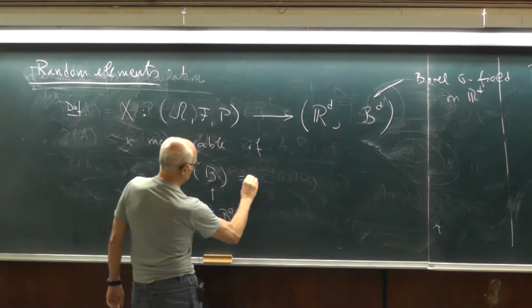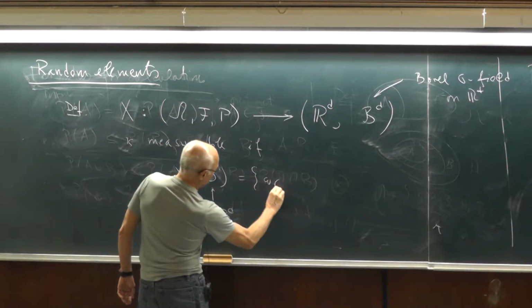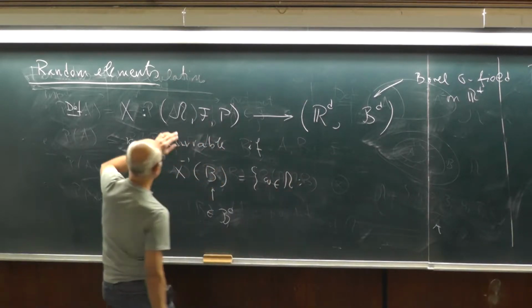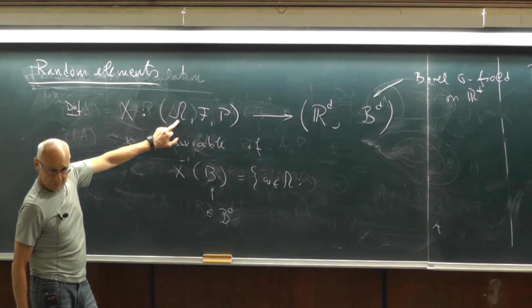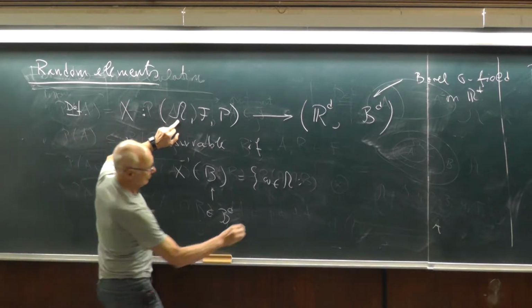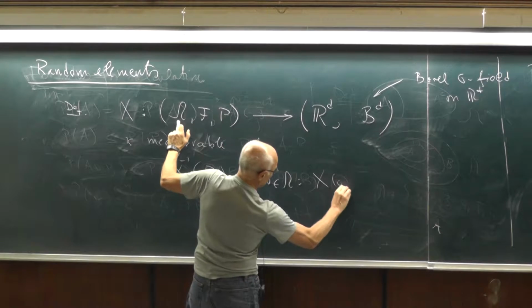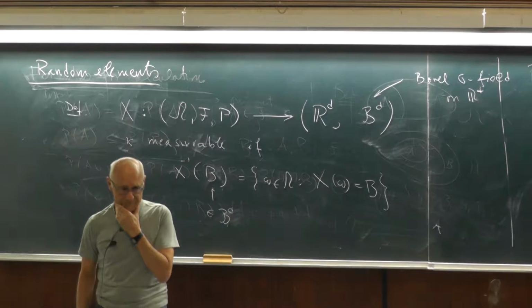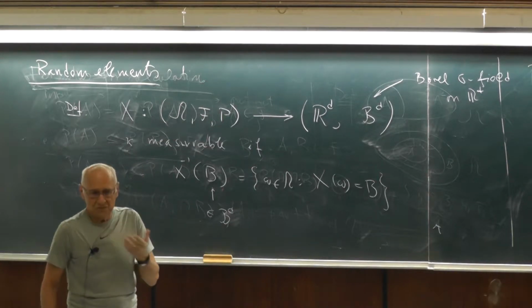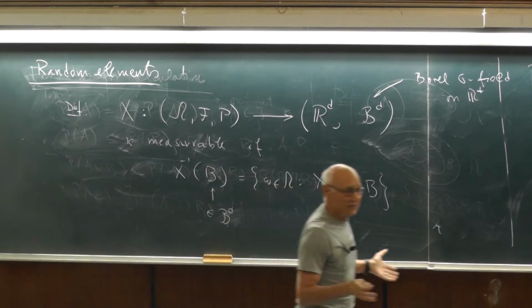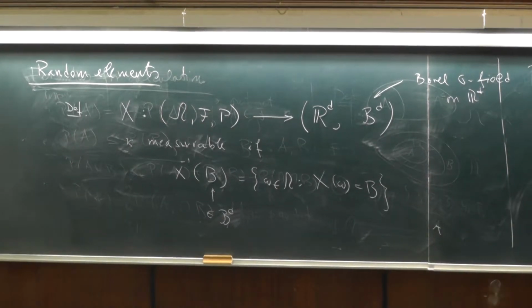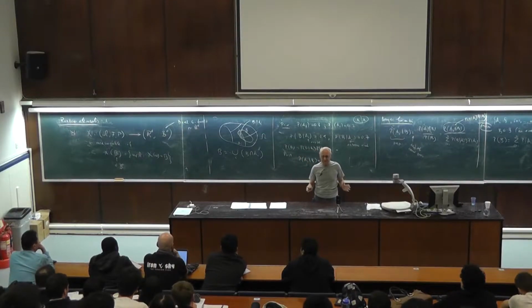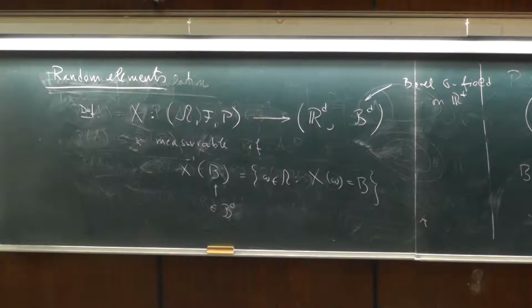It consists of all the elements of omega which are mapped by X into this subset B. Don't think probability. This is the definition of any inverse function. Don't think probability at all right now. It's just a function. If you take the inverse of a function, this is how it's defined.